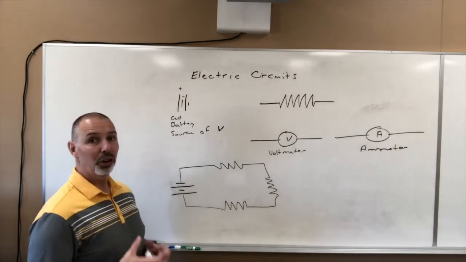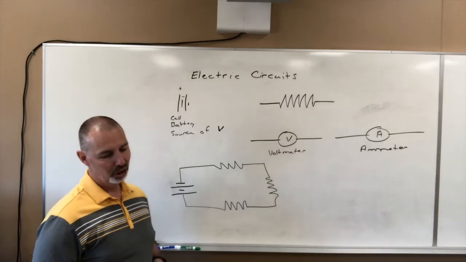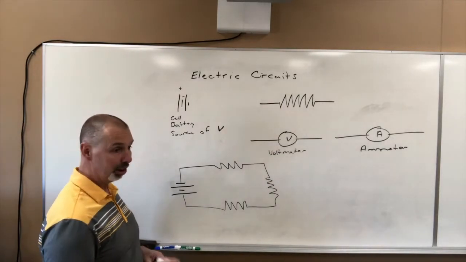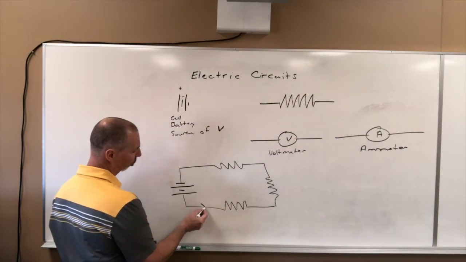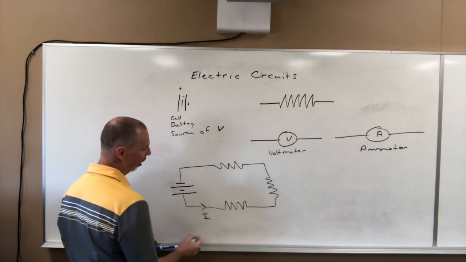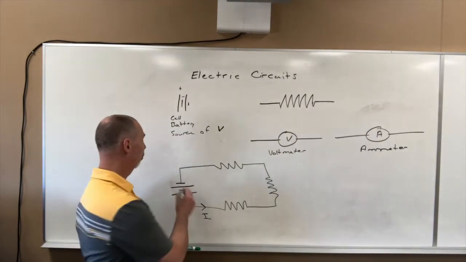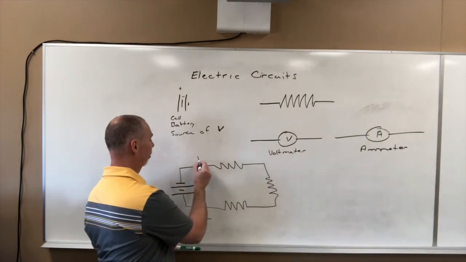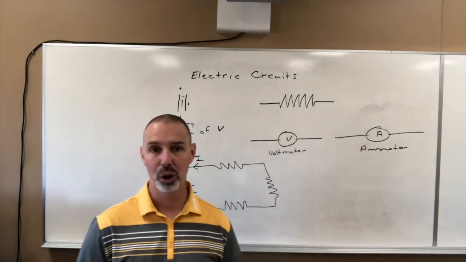Now, if we were to look at this and say, which way does the current flow in this? Well, current, not the electrons, would flow in this direction. So again, current, which is the symbol I, flows away from the positive terminal towards the negative terminal, because remember that current is the opposite direction of electron flow.